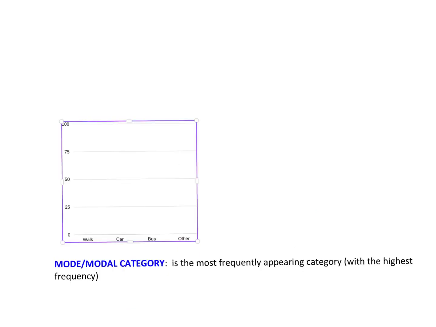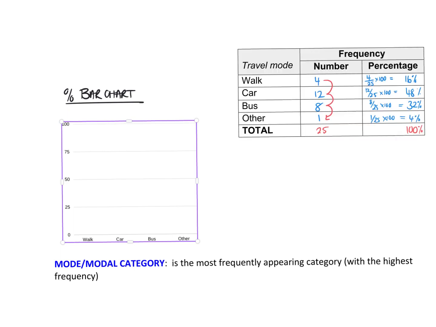Okay, so we could also get this given in a percentage frequency graph. So here, this is where we're going to do a percentage bar chart of our transportation mode. I'm going to use the same data, but instead I'm going to use the percentages along here.